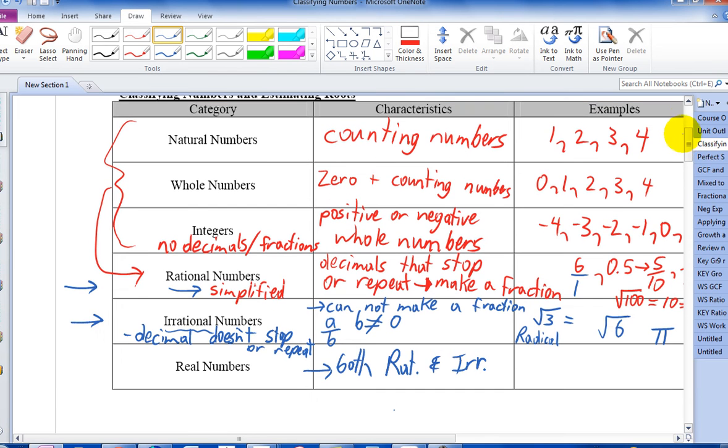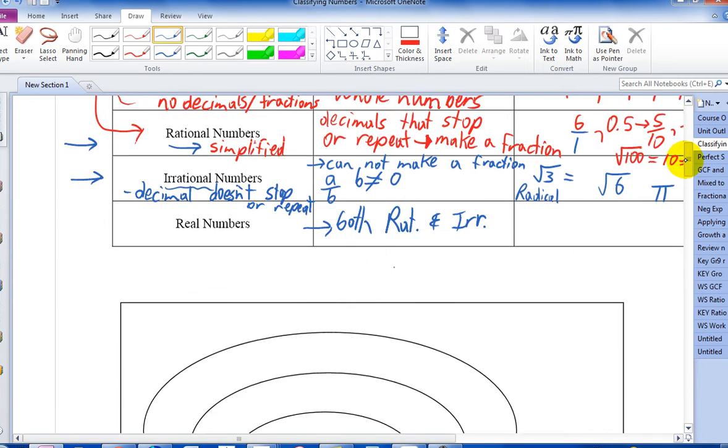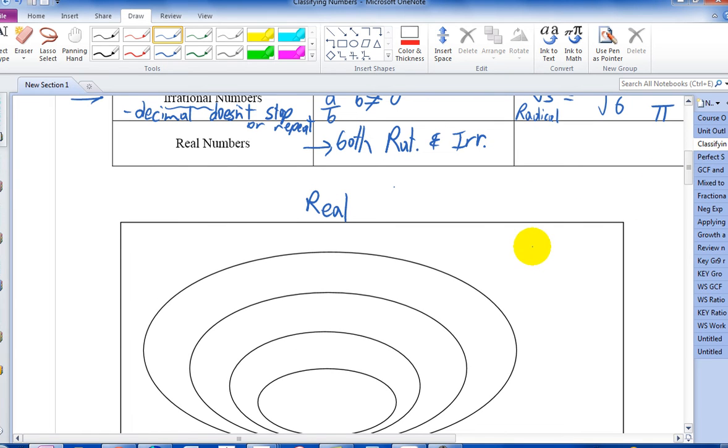Okay. So we have a little diagram to help you out with trying to memorize all this stuff. This diagram here, with the big box, everything inside is a real number. Okay. So what we have, though, is we have irrational numbers on the outside of the circles.